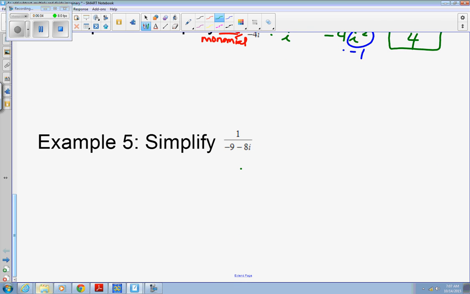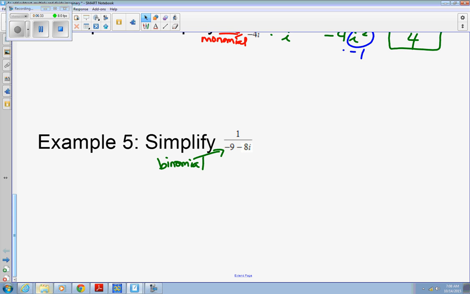Example 5, we're simplifying, and we have now a binomial in the denominator. Now with the binomial, we do something a little different than when there was a monomial like in example 4. We look at our denominator. We have an i in the denominator, and this i tells us we have to get rid of it. And how do we get rid of i? We have to create i squared.